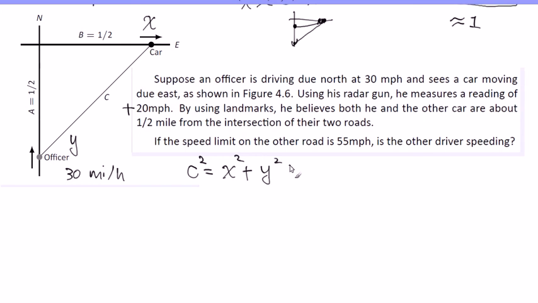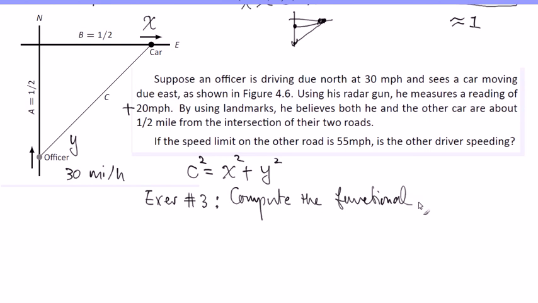Then what is it we do after this? Functional equation on rate of change. So that's your exercise number 3. Did I get the number correct? Exercise number 3. Compute. What are we computing? Rate of change. That's right. Functional equation on rate of change.